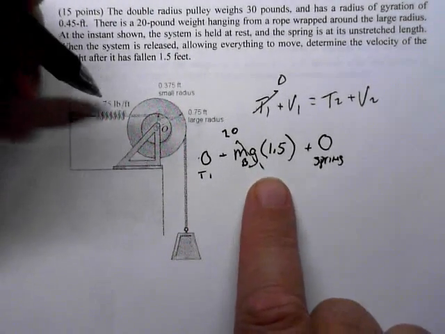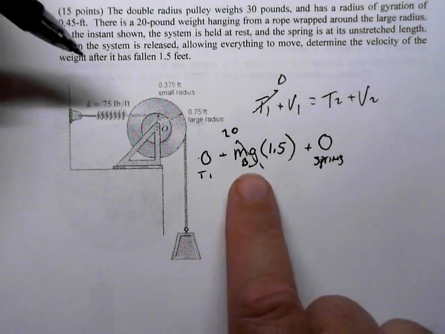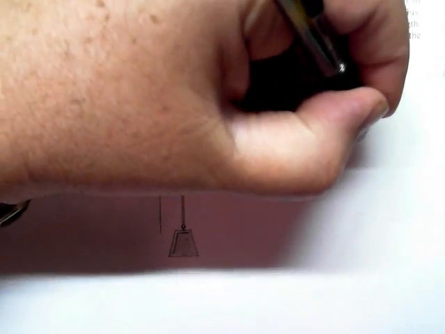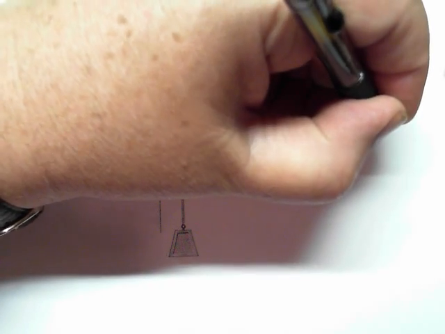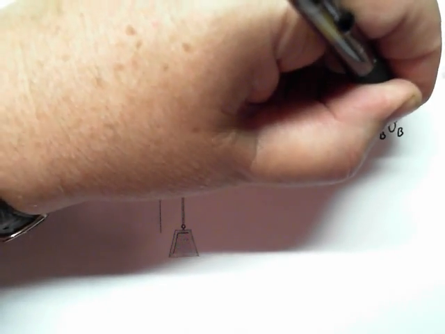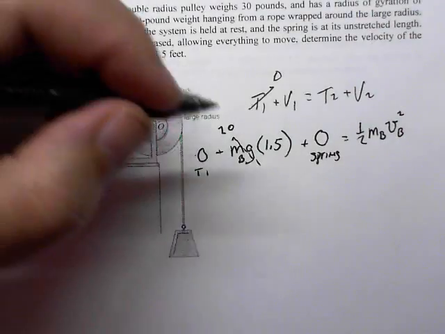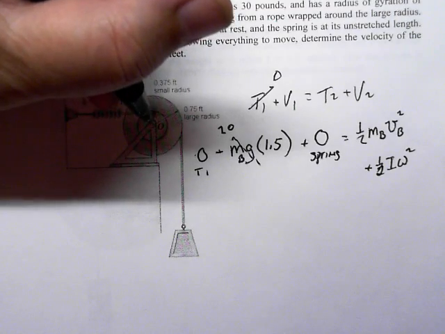So the only energy we have to start the problem is our gravitational potential energy, mgh. And then on the other side, we're going to have 1/2 mass of the block times velocity of the block squared, 1/2 m v squared, plus 1/2 I_G omega squared.